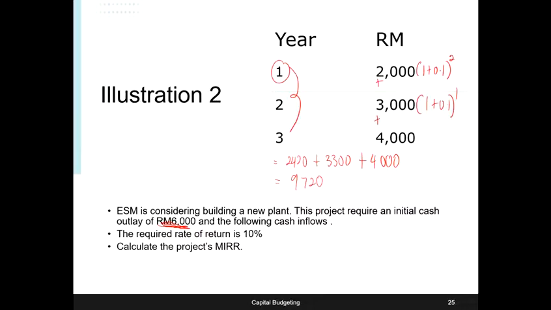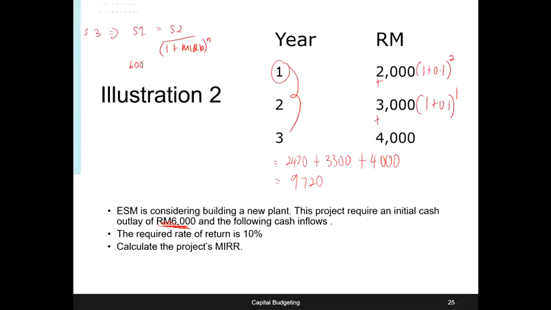Okay, so step 3, MIRR: step 1 equal to step 2 divided with 1 plus MIRR to the power of n. Okay. So step 1 we have 6,000.